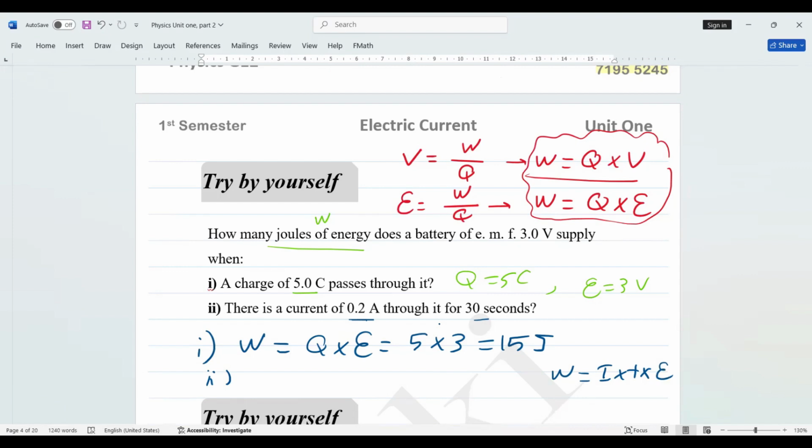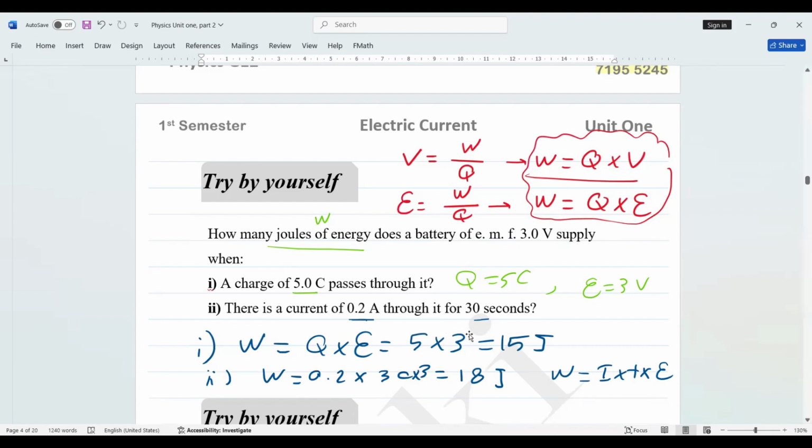Then the energy equals the current 0.2, the time 30, and EMF 3. So 0.2 multiplied by 3 multiplied by 30. The answer is 18 joule.